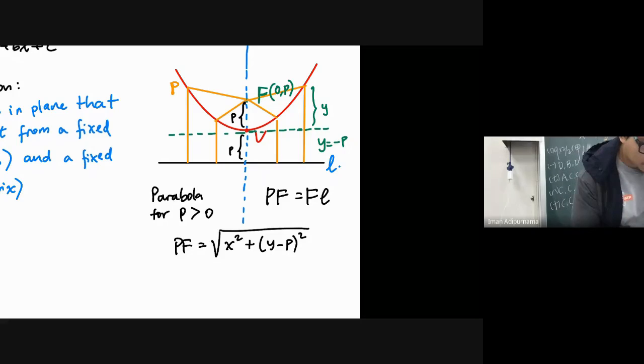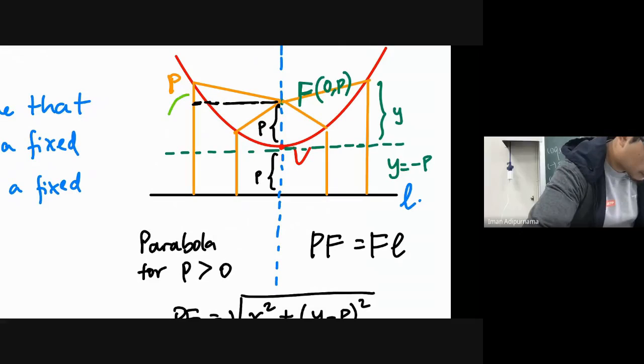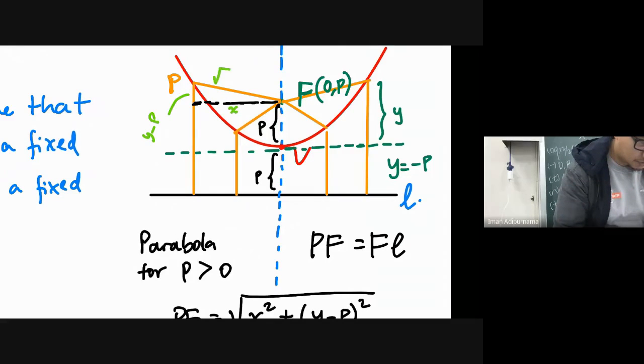So basically, if you see this p here, this will be y minus b, and this is x.